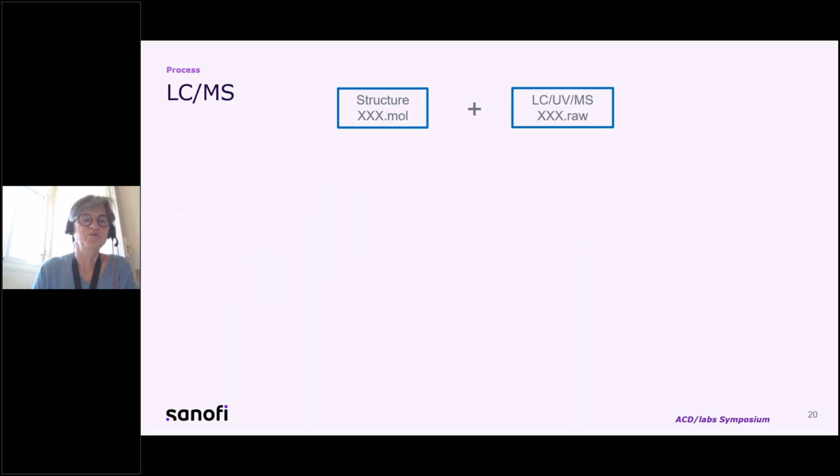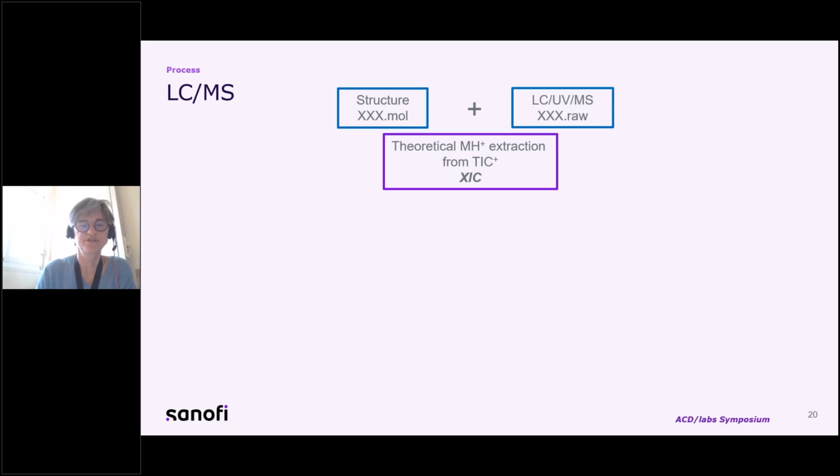So the system, when it knows the structure, and when the LCMS is done, extracts the theoretical M plus H from the TIC positive. It's called the XIC. If there is no peak, the system declares failure to detect peak.